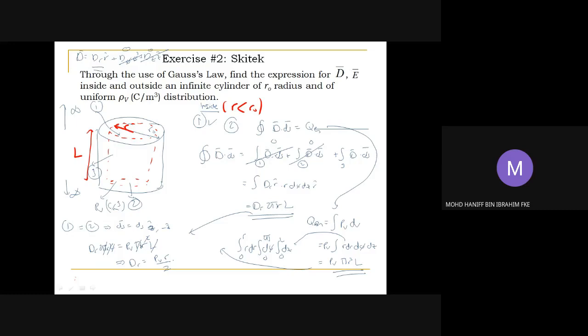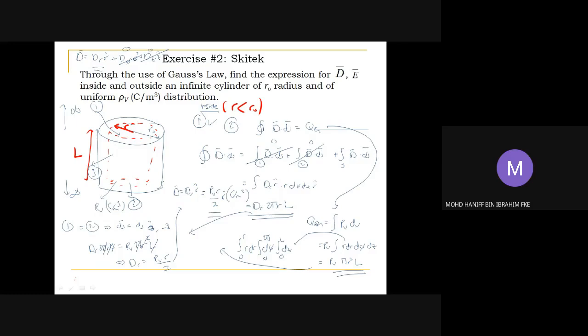From here we can write that the D vector will be equal to D_r in the direction of r. That will give us ρv r over 2 in the direction of r, in coulombs per meter squared. That should be your vector D.